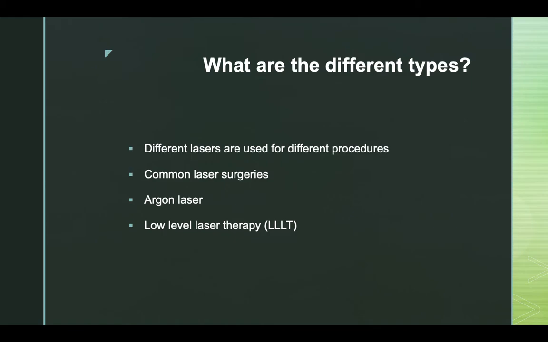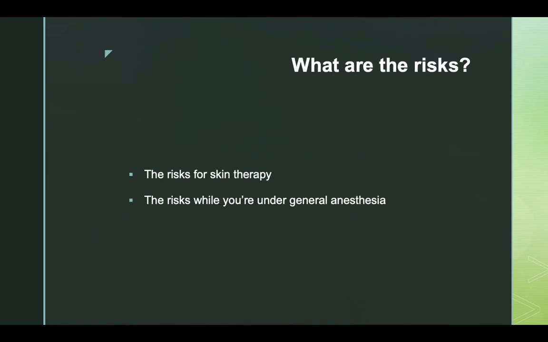There's also low-level laser therapy, the LLLT, also called cold laser therapy. It uses laser light set to wavelengths, as I mentioned in the beginning, around 600 to 980 nanometers. The laser is used to perform very minor surgeries and promote regeneration in the tissue.